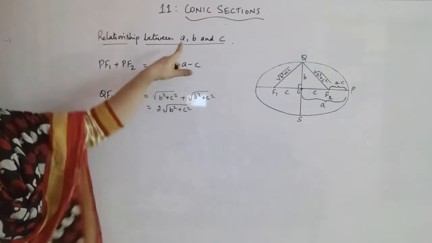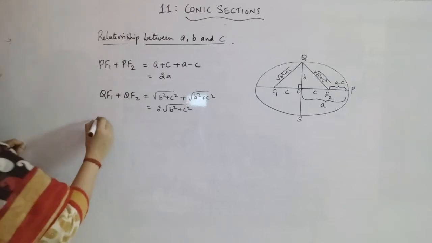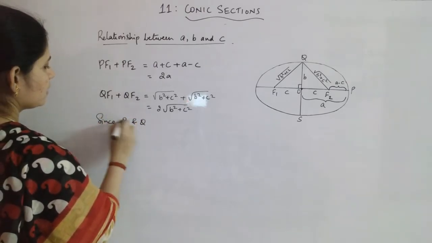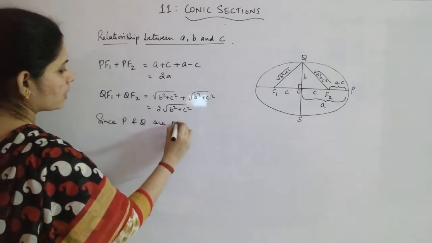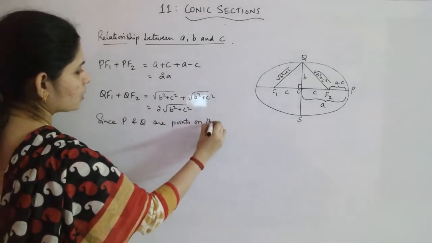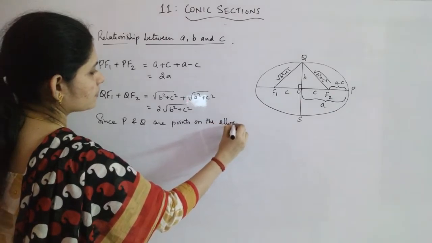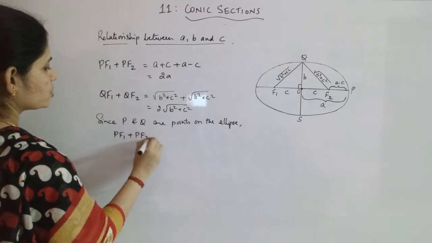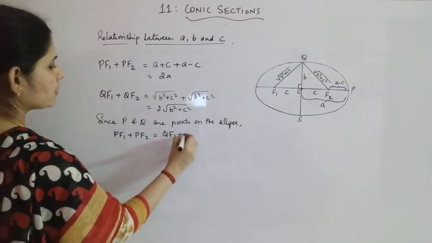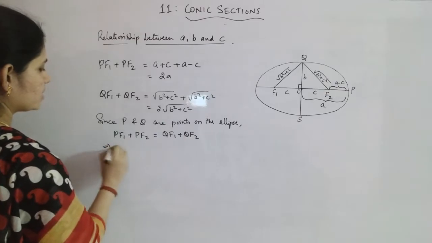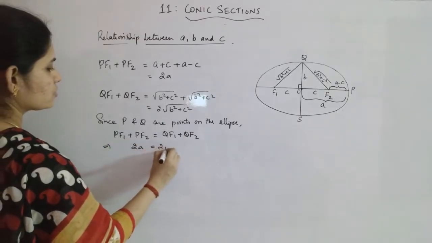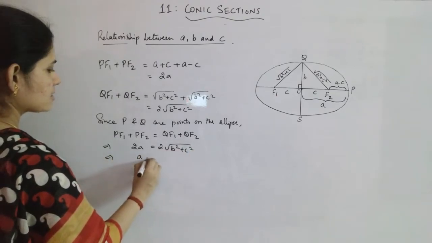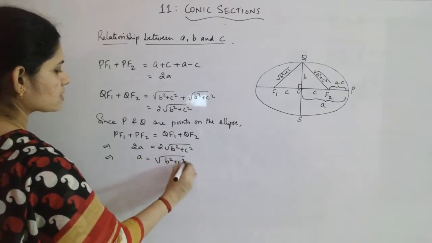Equating them we will get the relation connecting A, B, C. Since P and Q are points on the ellipse, PF1 plus PF2 should be equal to QF1 plus QF2. That is, you are getting 2A is equal to 2 root of B square plus C square, or A is equal to root of B square plus C square.